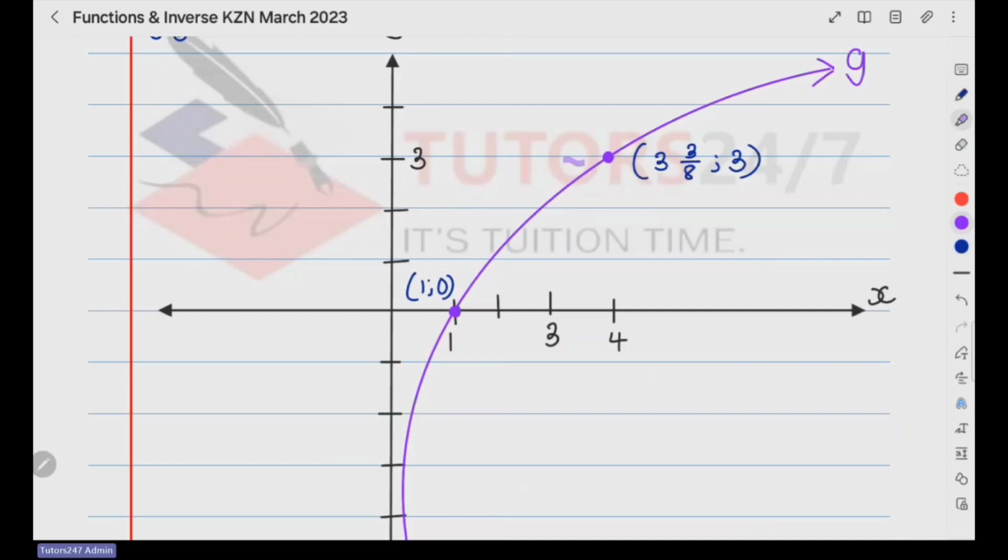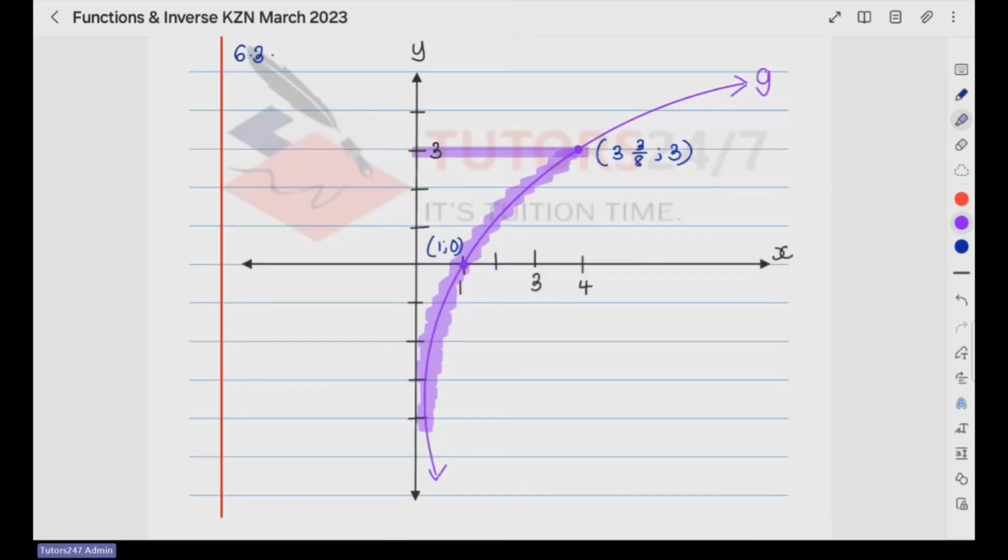So less than 3, take note, here's the y-axis. So for it to be less than 3, it has to be all of these values down here. So take note that g is less than 3. It is lower than that horizontal purple line that I've drawn between the values of x equals 0 and x equals 3 and 3 over 8.